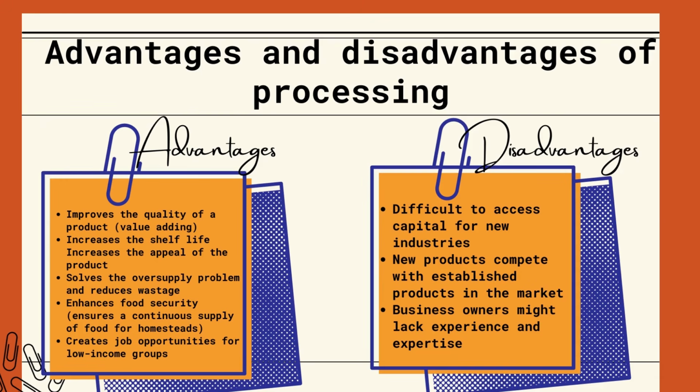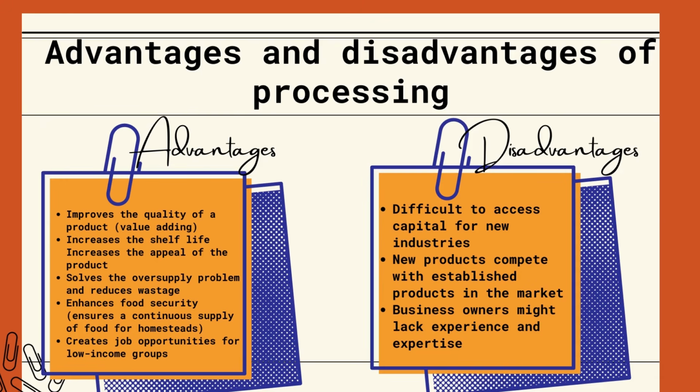It ensures that there is continuous supply of food and also at the same time creates job opportunities for other people. Then disadvantages, however, sometimes there will be a difficulty.